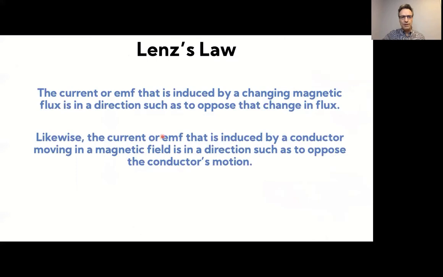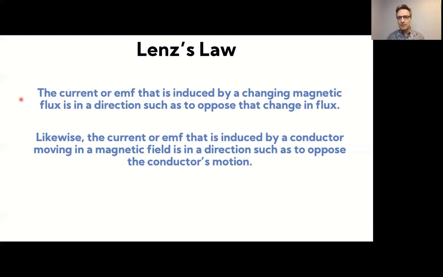So the first quote here is how we've seen Lenz's law. We've said that the current or EMF that is induced by a changing magnetic flux is in a direction such as to oppose the change in flux. Now, in the previous video, we talked about motional EMF. We've seen that you can also induce currents and EMFs when you simply move a conductor in a magnetic field.